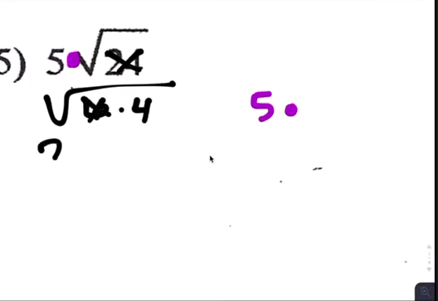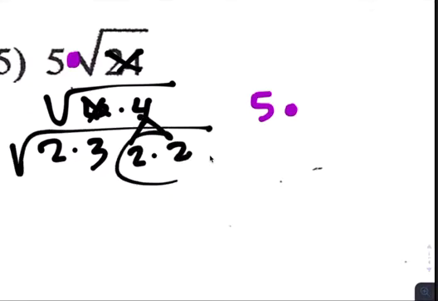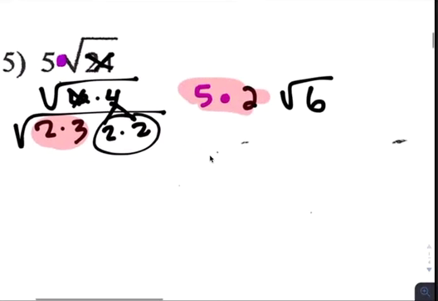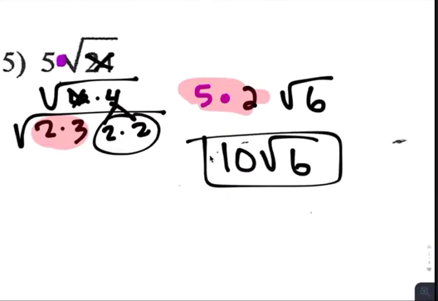And 6 is 2 times 3. 4 is 2 times 2. Got 2 to the first, and then 2 times 3 is square root of 6. Now you don't need to write the 1, then you need to multiply 5 times 2, 10 square root of 6. That's your answer.